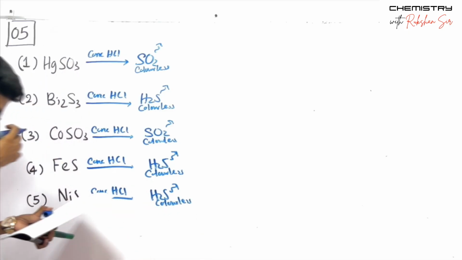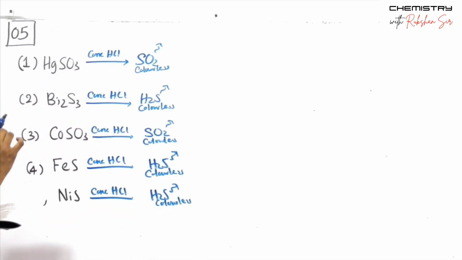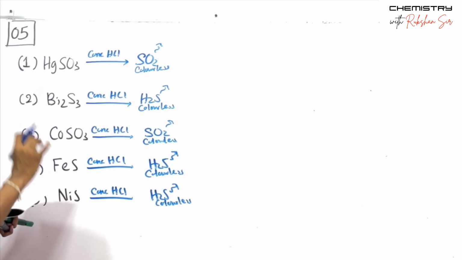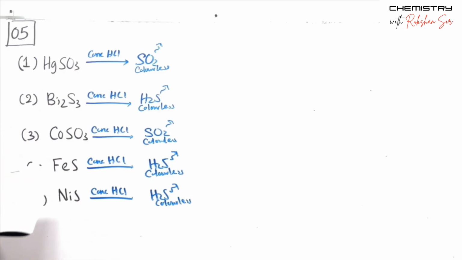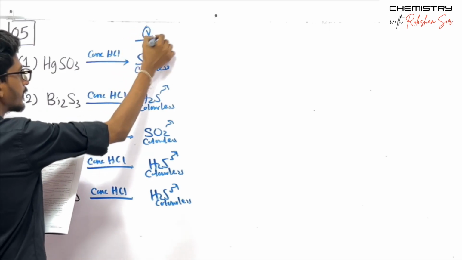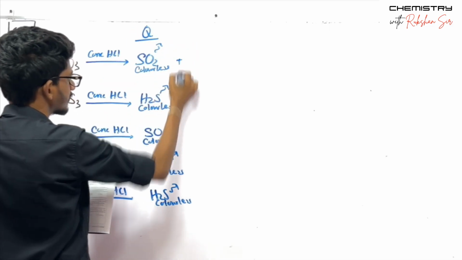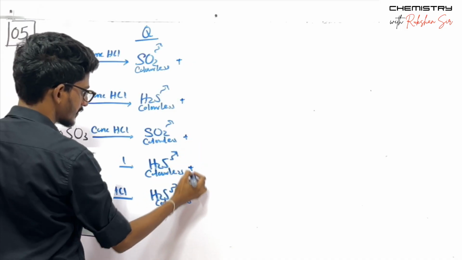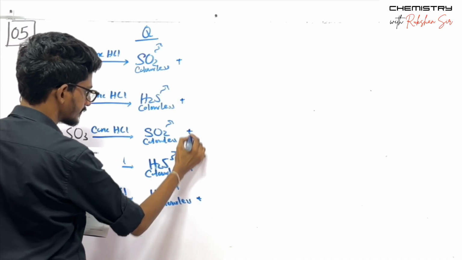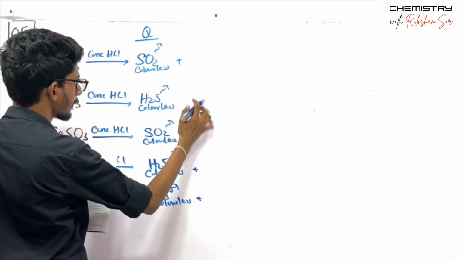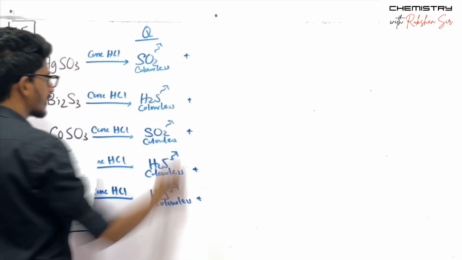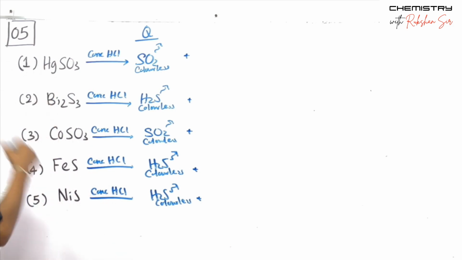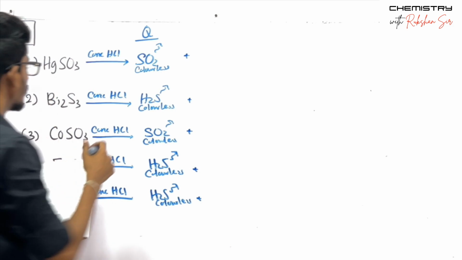What are they saying? With concentrated HCl, gas Q and solution R were given. What is the solution then? All are releasing gases, so we can't eliminate anything from those.